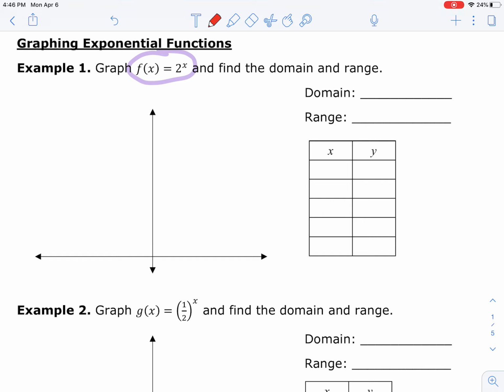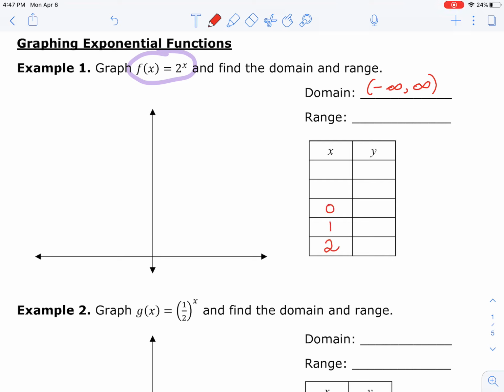Now, f of x equals 2 raised to the x power. I'm just going to pick any x values, and that kind of talks about the domain. The domain of an exponential function is always all real numbers. Why? Because there's really no restriction on what we can make the exponent. We can raise 2 to any power if we want.